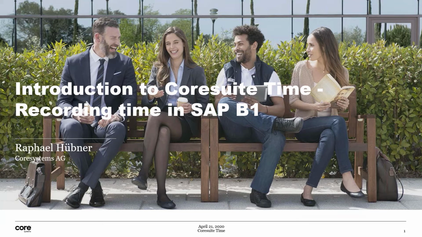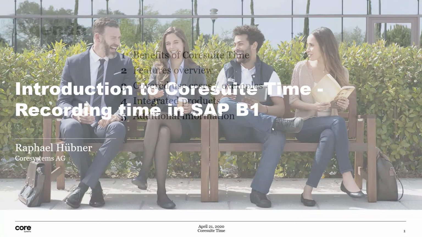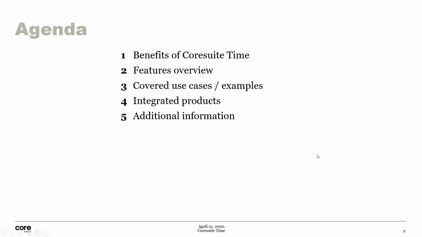So what are we going to take a look on? I have a little agenda. First off, what are in general benefits of Coresuite Time? Then we take a look on a little overview about what kind of features does Coresuite Time offer.